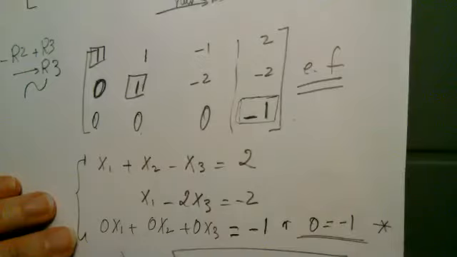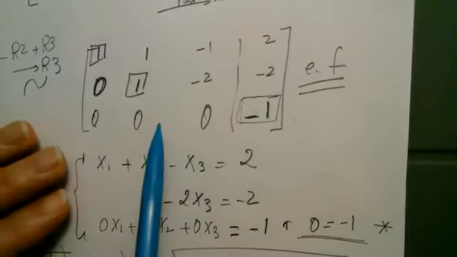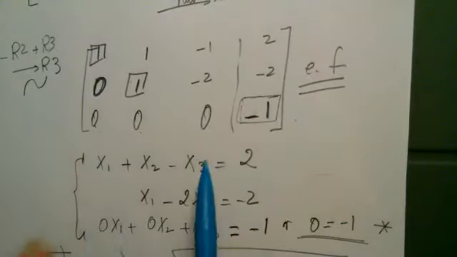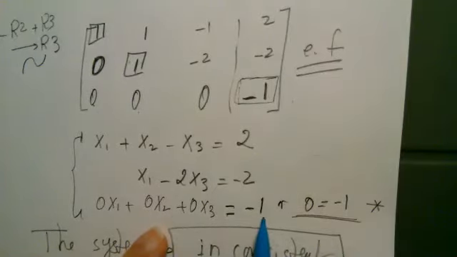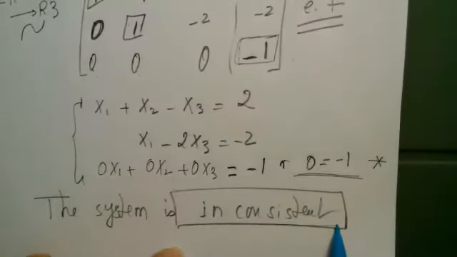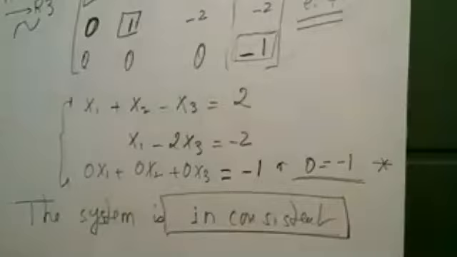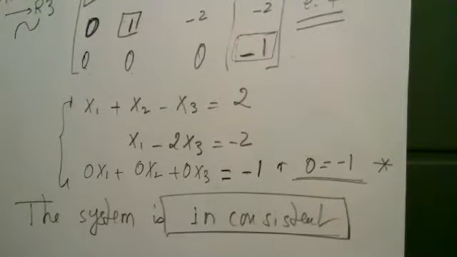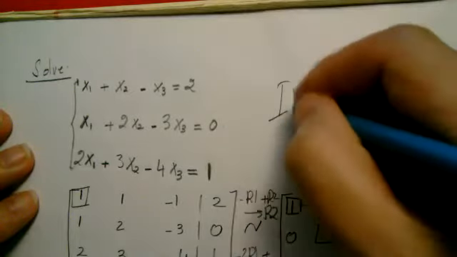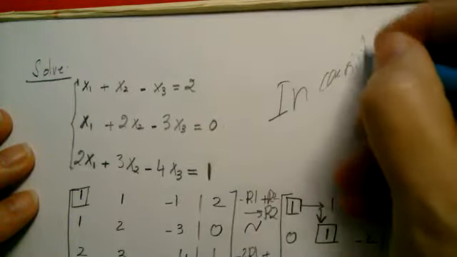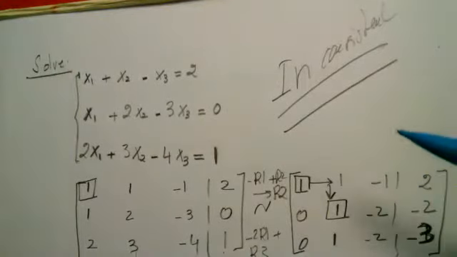So every time we are solving a system, and this can occur, and we end up with a row in the echelon form that reads 0 equal a non-zero number, it means we have an inconsistent system. It means a system that has no solution whatsoever. So my system here is an inconsistent system. Regardless of which numbers you try, it will not be solved.